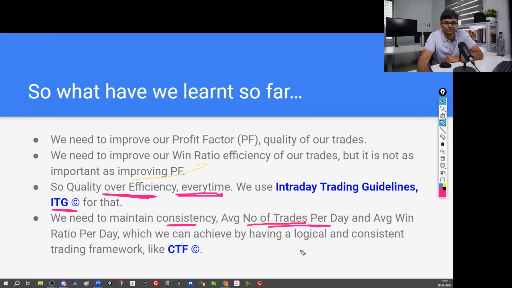All right. Win ratios, if you're all over the place, then it means that you're not using a consistent method. If you're not using a consistent method, how will you get consistent results? So if you want to achieve consistent results, you can do that by having a logical and consistent trading framework, which is what this complete trading framework is all about.